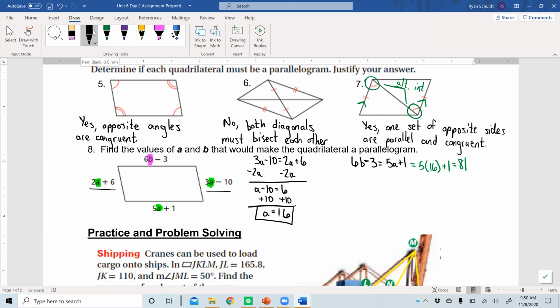So this simplifies to 6B minus 3 equals 81. Add your 3. You get 6B equals 84. Divide by 6, and you'll get that B equals 14.